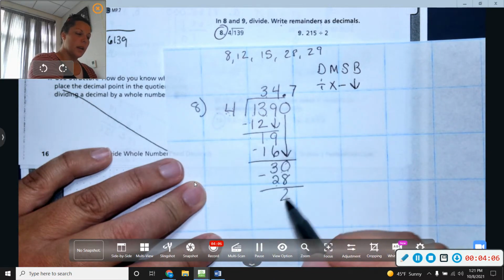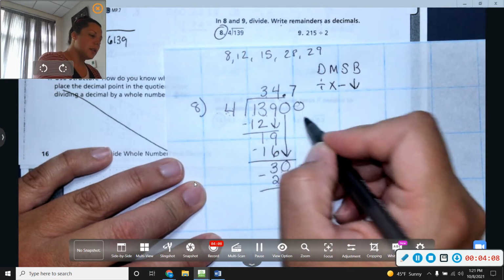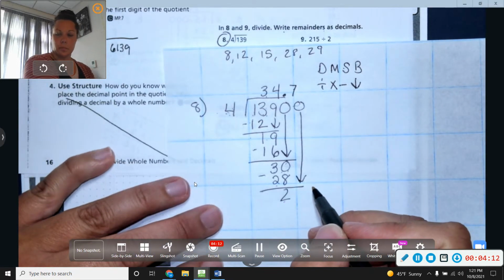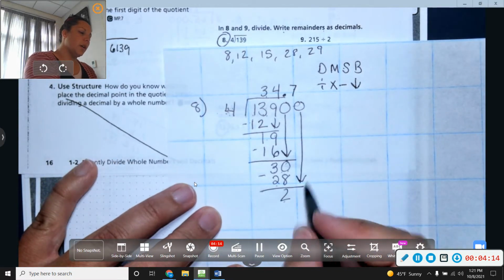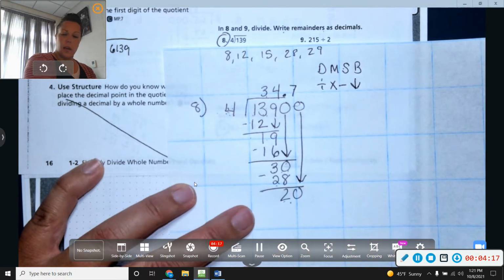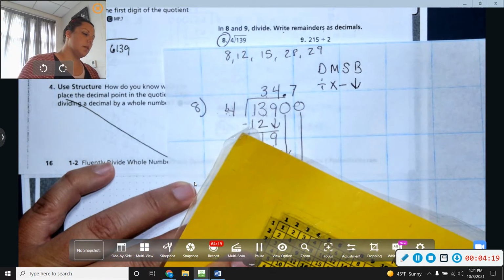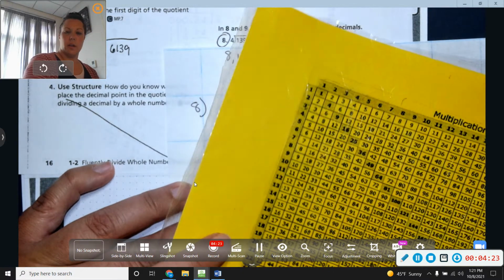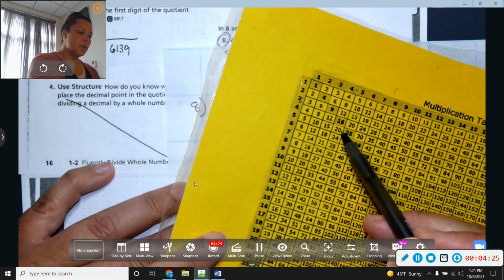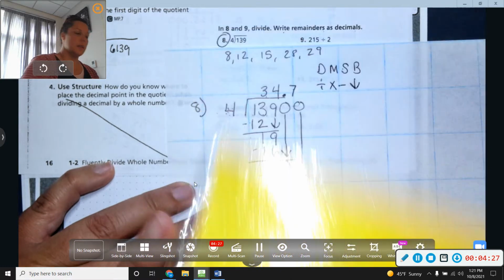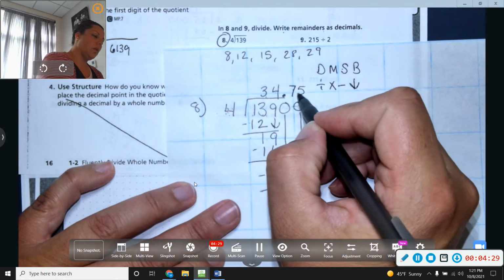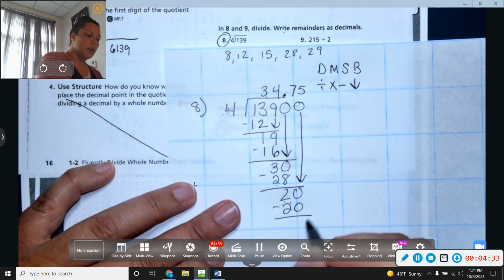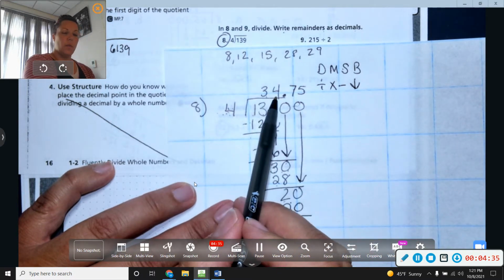Okay, 4 can't go into 2, so I need to bring down 1 more 0. 4 goes into 20 how many times? Oops, sorry, you can't see it. 4 goes into 20 5 times exactly. 4 times 5 is 20, and you're left with 0. 34.75.